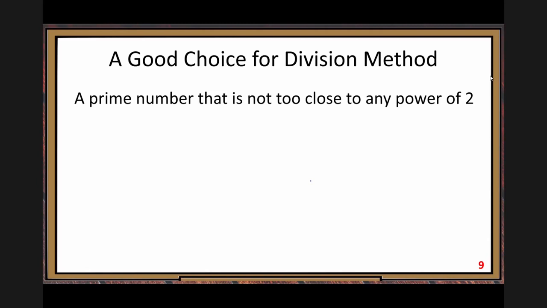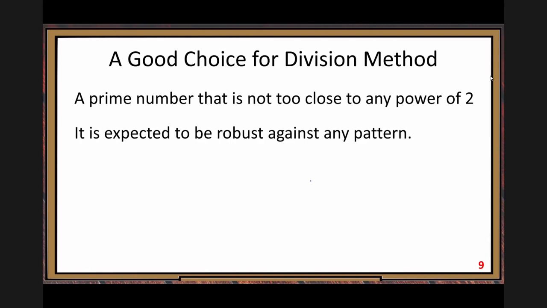That should help us beat most of the patterns. It is expected to be robust against any pattern. So for the division method, that's the best we can do.